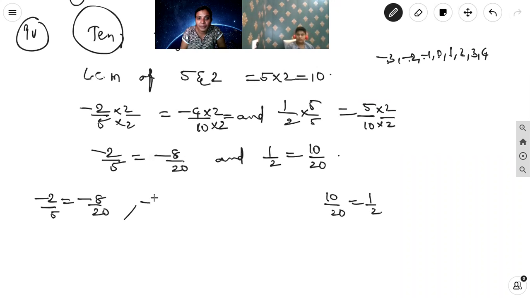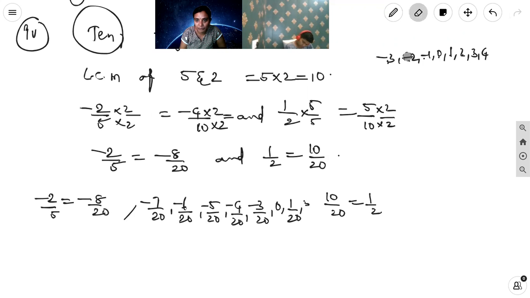So between them: minus 7 by 20, minus 6 by 20, minus 5 by 20, minus 4 by 20, minus 3 by 20, 0, 1 by 20, 2 by 20, 4 by 20, 5 by 20.